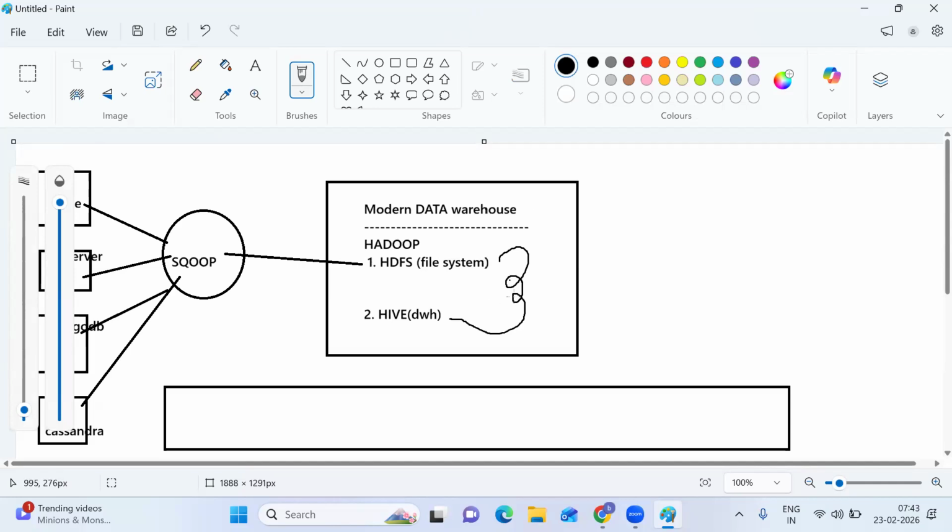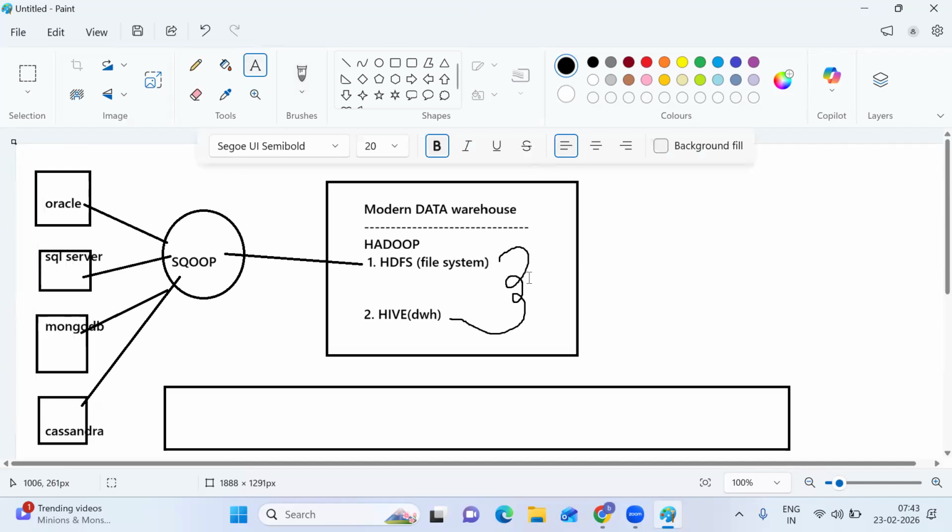This symbol I am using for the processing, the Spark ecosystem. Of course, you can write Spark with different languages: Spark with R, Spark with Scala, Spark with Python. Spark with Python is called PySpark. So the transformed results you load into Hive tables.